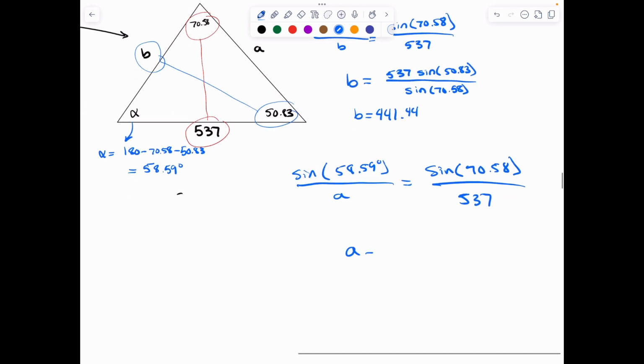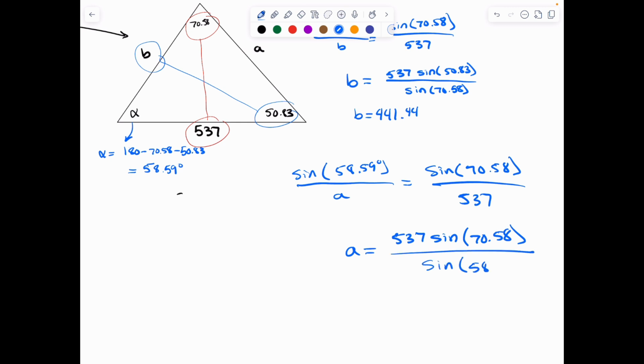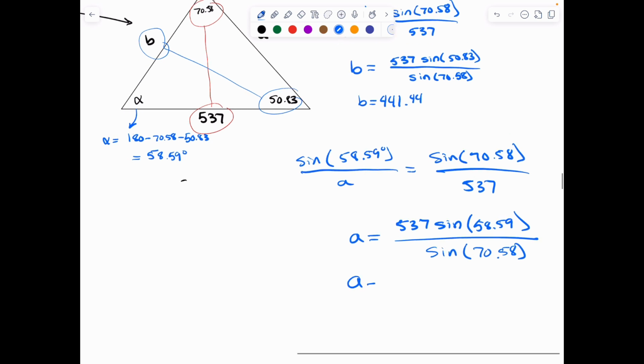After a little bit of rearranging, 70.58 over sine of 58, oh, I blew that. Sorry, I got distracted. 58.59. And then this is 70.58. There it is. And that one I did earlier as well. And I got 485.96.